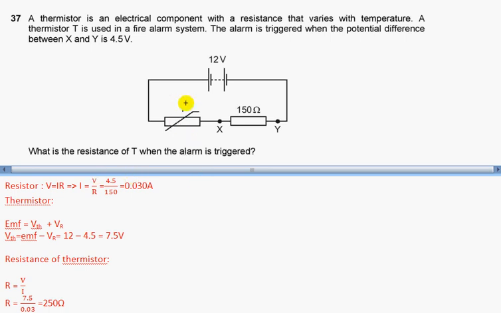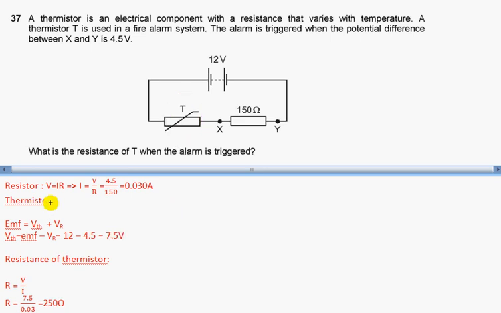So we have 12 volt EMF. Here we'll have 4.5 volt. The rest falls here. So first we will find how much voltage falls here, how much current flows here, and then current multiplied by unknown resistance will give us 4.4 volt.